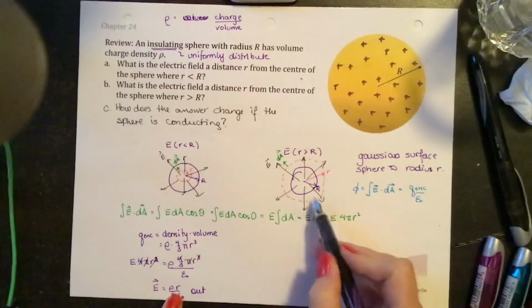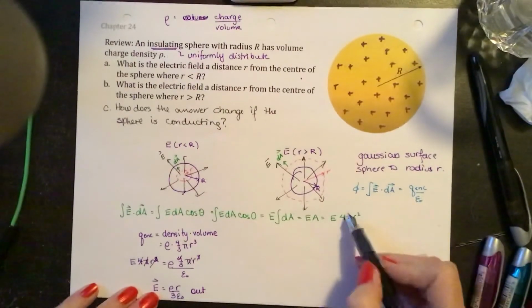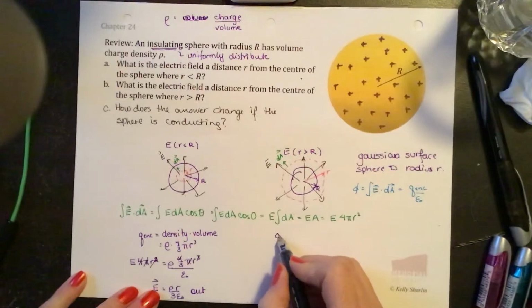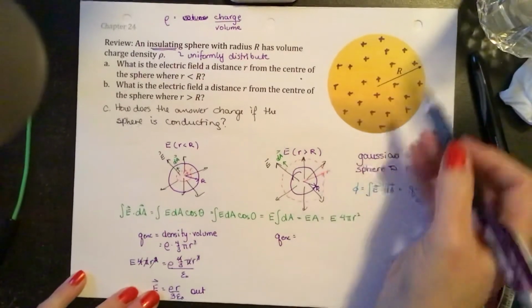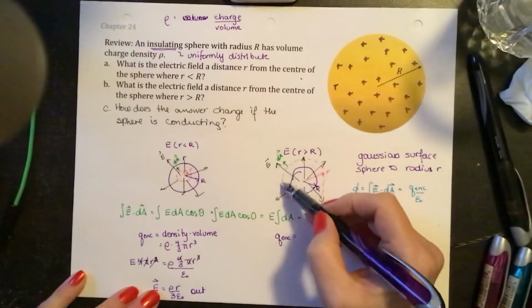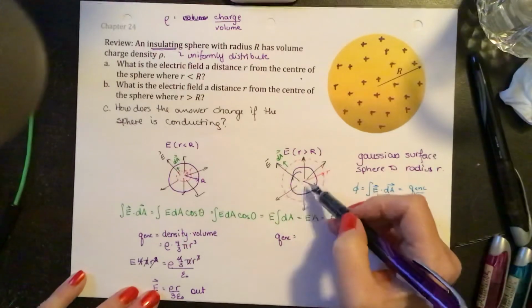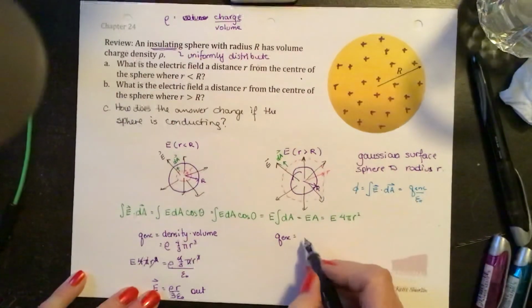What about my electric field when I'm outside the sphere? Well, I've got this same term for this side of Gauss's law. For my other side of Gauss's law, my Q enclosed is equal to, okay, how much charge is inside my pink circle now? All of the charge on the sphere is inside that circle.